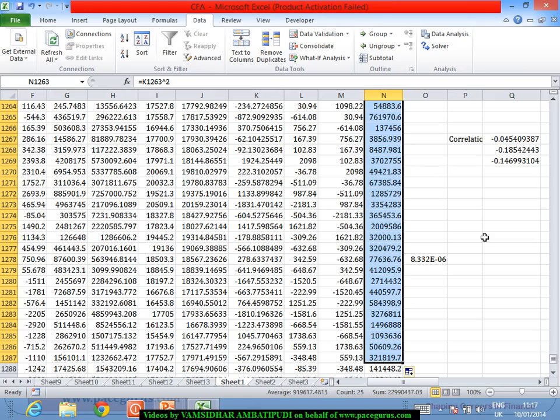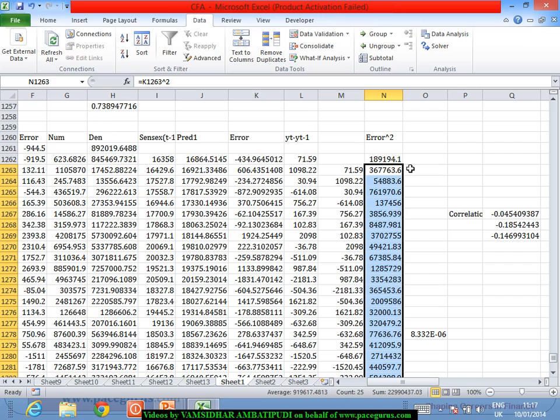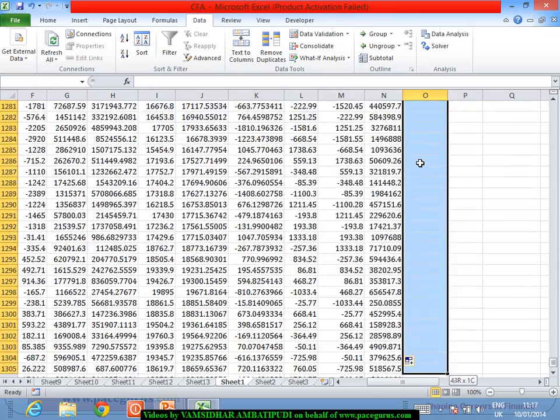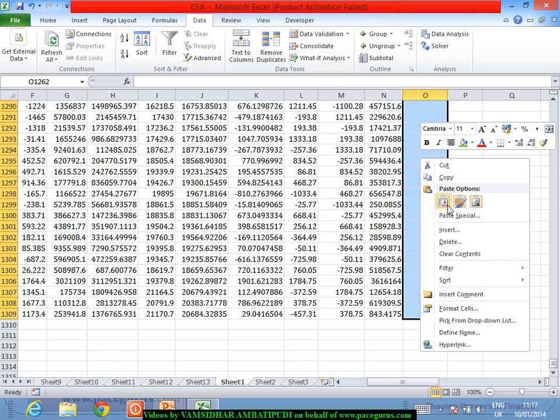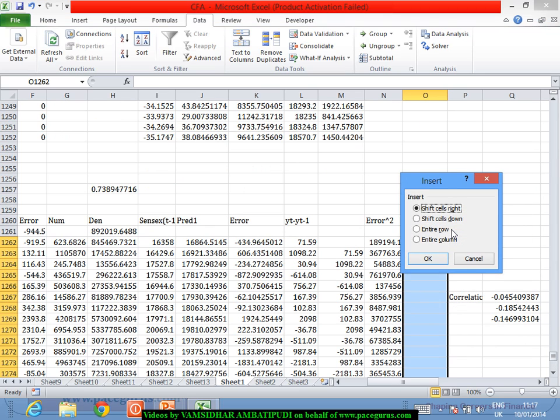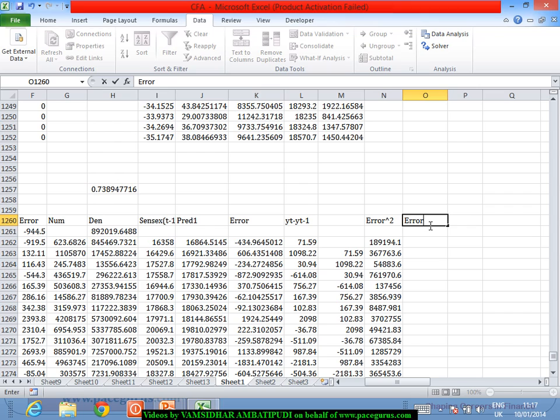So this is the expected error t squared. Then what I could also do is insert a few more columns: error t minus 1 squared.